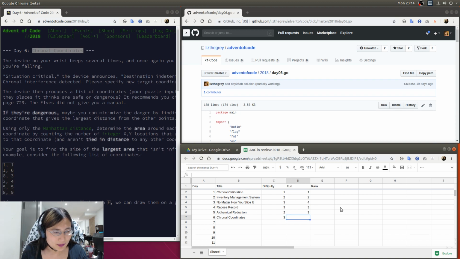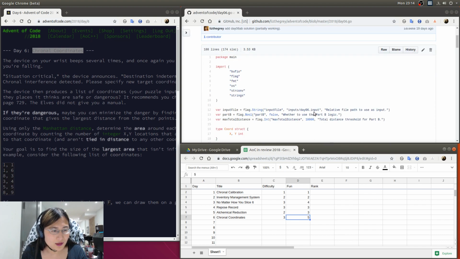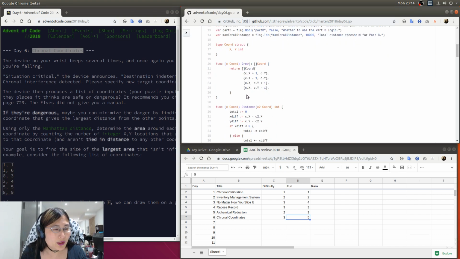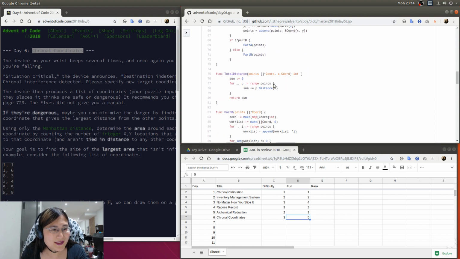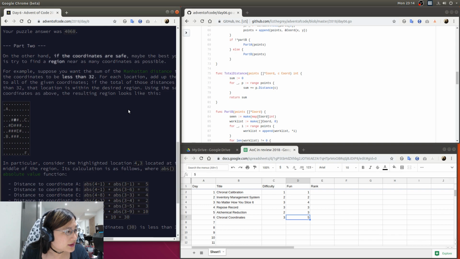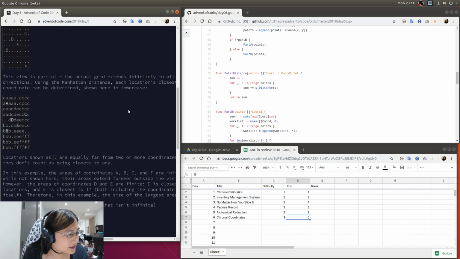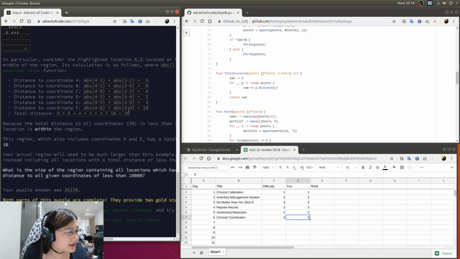I happened to find this puzzle was pretty fun. So what I wound up doing was saying, starting from each coordinate, I'm going to grow in any direction that isn't already occupied by someone else. Part A was, what's the size of the largest area that's not infinite.